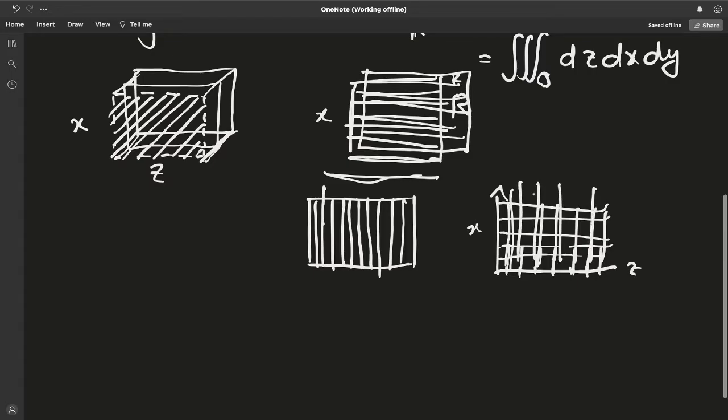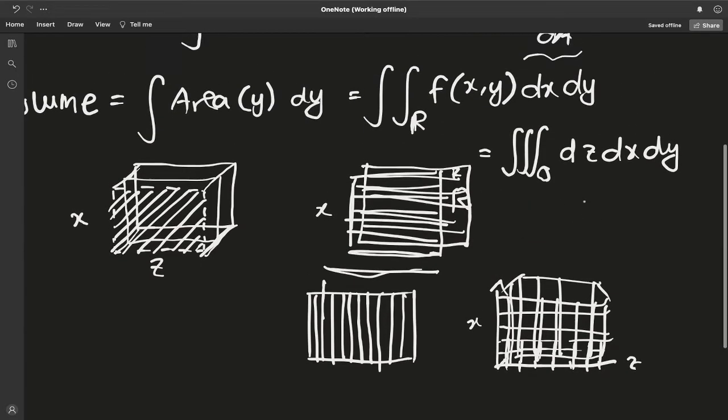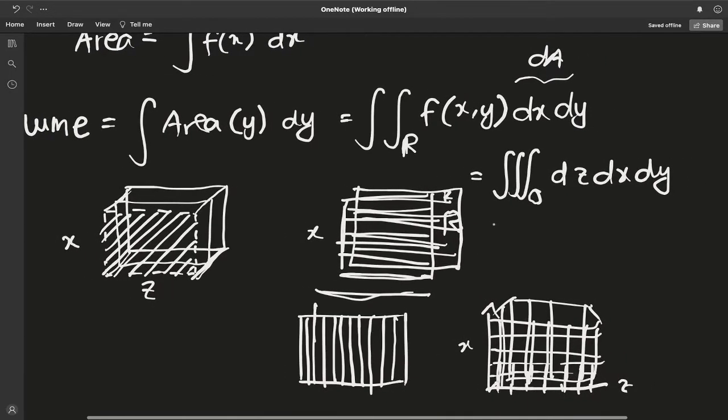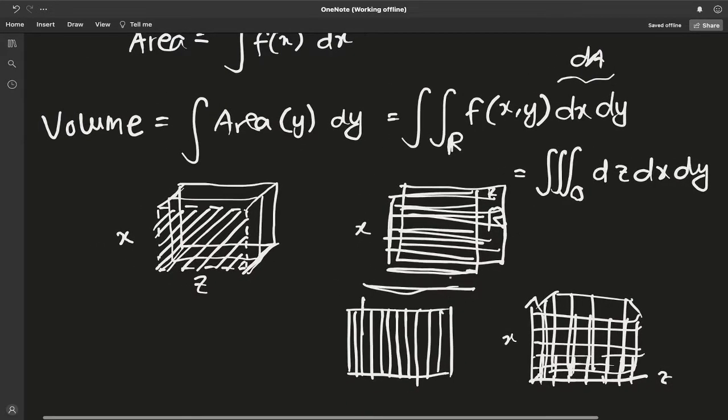I know it's a horrible drawing. I'm sorry about that. I was trying to be as general as possible while also showing you the specific case of this cuboid.